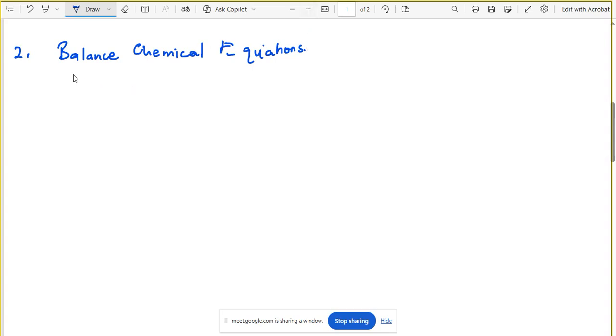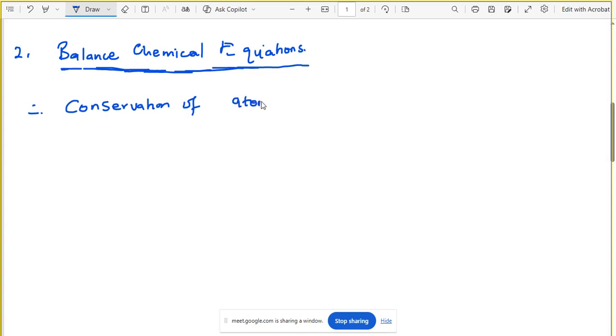When we do balancing of chemical equations, there's a law that we need to revise. This law has to do with the conservation of atoms.